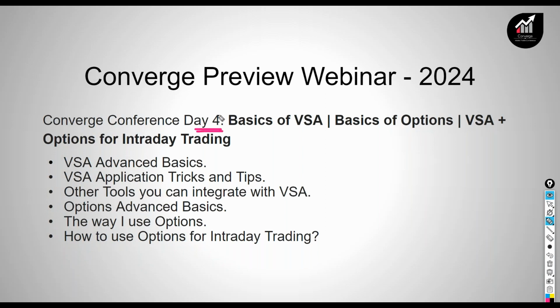Now you'll be wondering why we have day 4 here. We at Converge believe that we need to give you the maximum possible chance to make the most out of the 3-day conference. Sometimes these topics can get a little complicated.